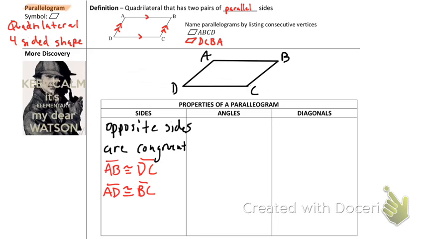Next we're going to talk about the angles in a parallelogram. The angles in a parallelogram are very similar to the sides. Opposite angles are congruent. That's one thing.